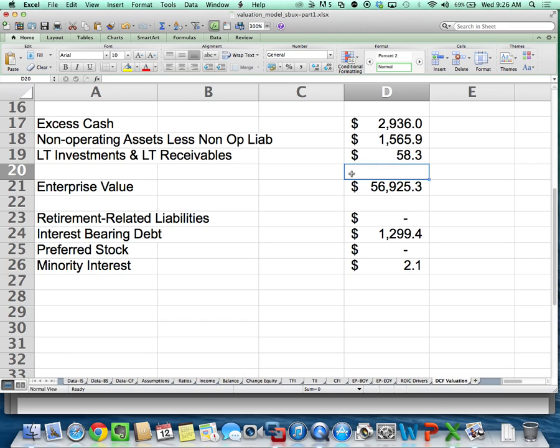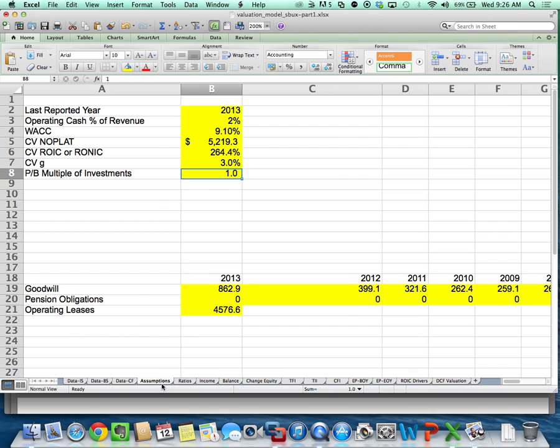Except, this was the other one. Do they have any other liabilities that have to be paid that have interest associated with them? Well, operating leases. This is the liability that's hidden. This is the liability that's not on the balance sheet. So I need to make sure that this is also something that has to be paid before the common shareholders can get paid. You've got to pay the leases. These are the non-cancelable leases.